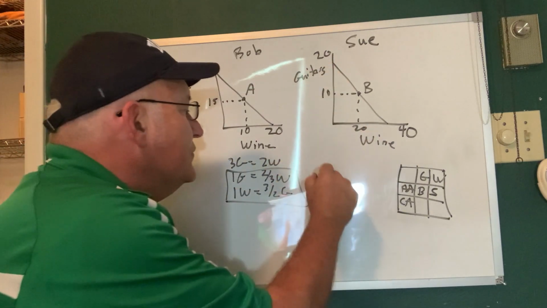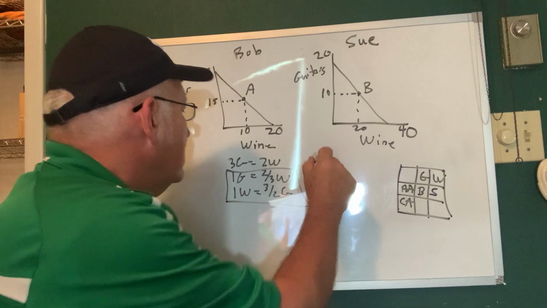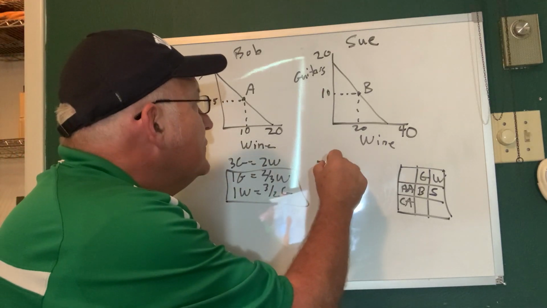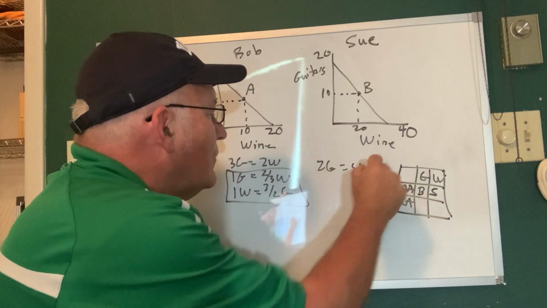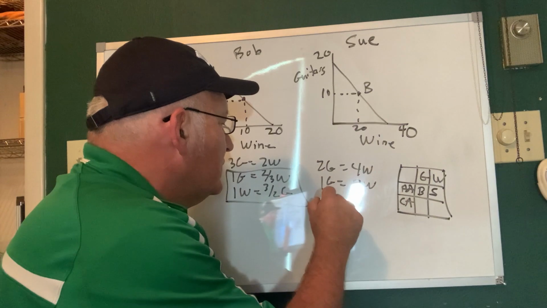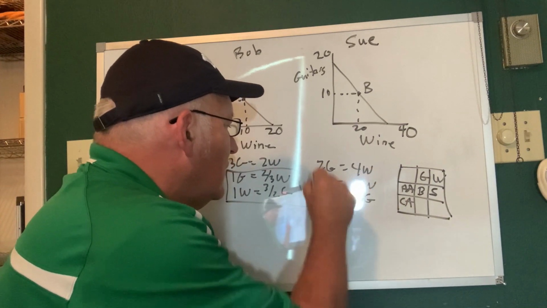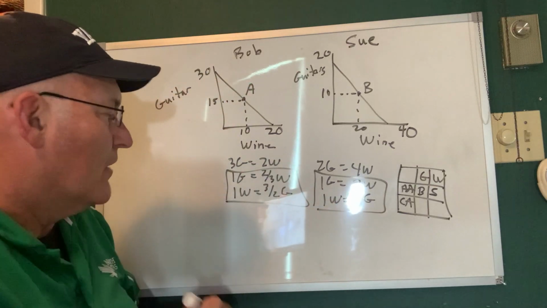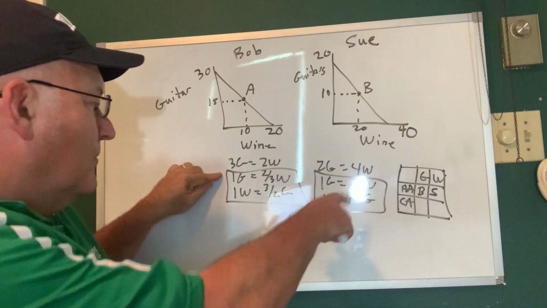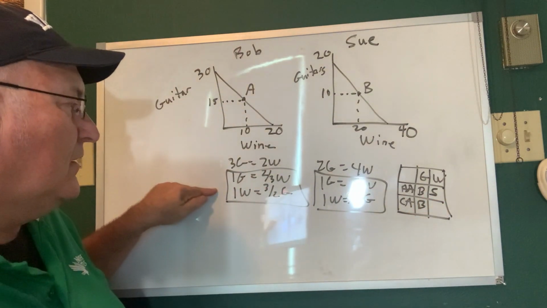And then for Sue, 2 guitars equals 4 wine, 1 guitar equals 2 wines, 1 wine equals half a guitar, and there you go. So in terms of guitars, it's Bob, and in terms of wine, it's going to be Sue.